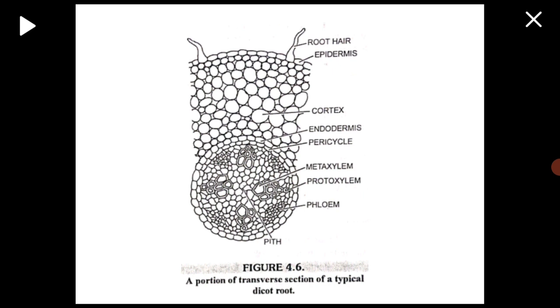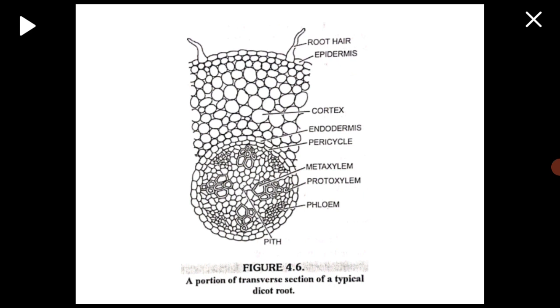One, from outside, is the epidermis. Epidermis of root is single layered, but in a few cases it may be multi-layered, for example velamen of some aerial roots of orchids. It is made up of closely packed, thin-walled living parenchyma cells.